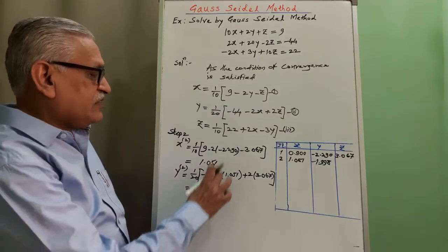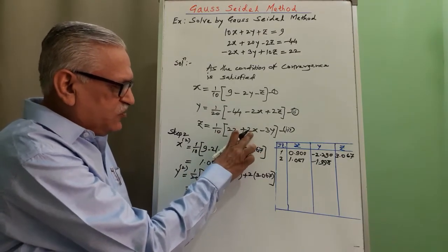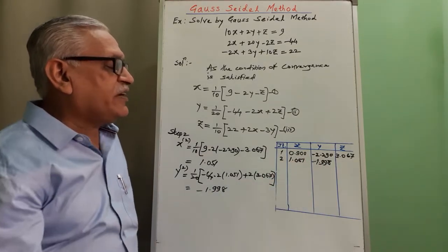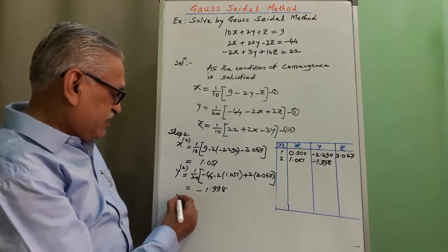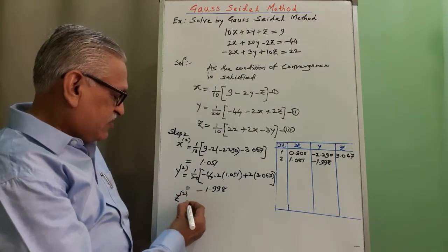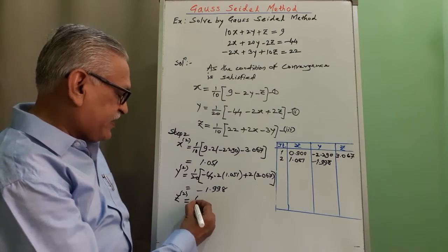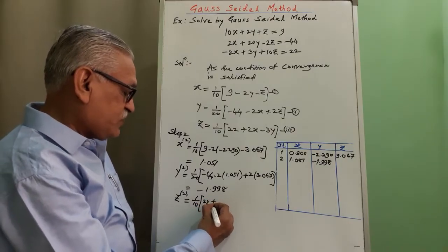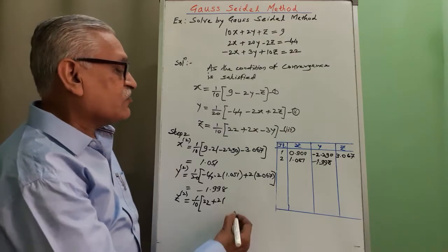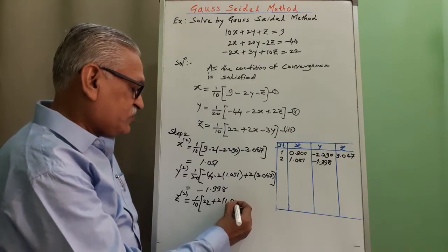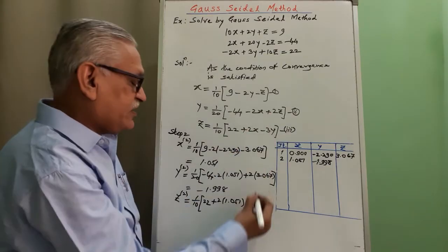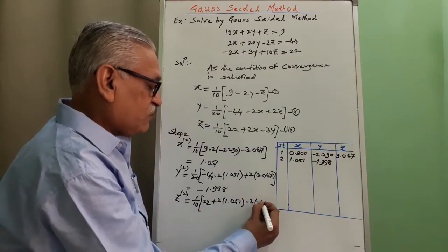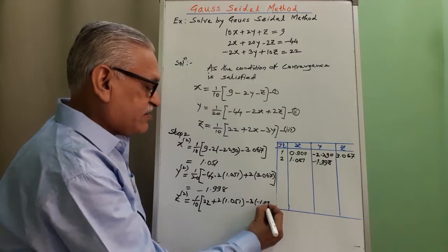Then using the third equation, by substituting the new values of x and y, the new value of x is 1.051 and the new value for y is minus 1.998, we get the second approximation for z as 1 by 10 times 22 plus 2 into x, the value of x is 1.051, and minus 3y, the new value for y is minus 1.998.